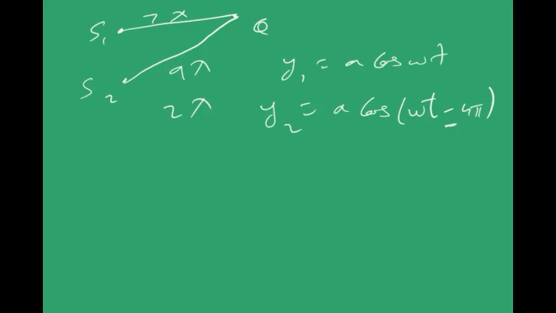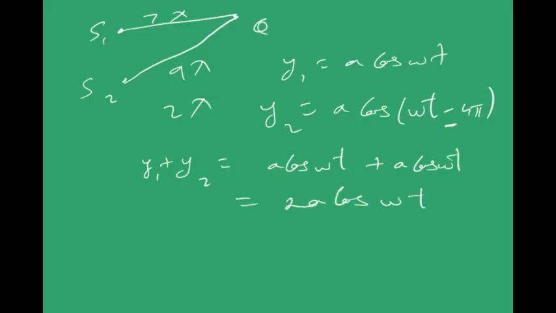The resultant will be y1 plus y2, right? And that is A cos omega t, and cos of omega t minus 4 pi is nothing but the same. So I have plus A cos omega t again. What does it mean? I got the same result for these two waves which have a path difference of 2 times the wavelength.